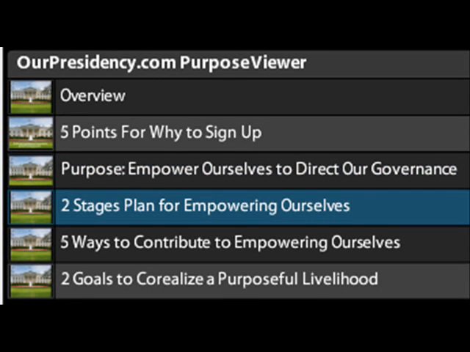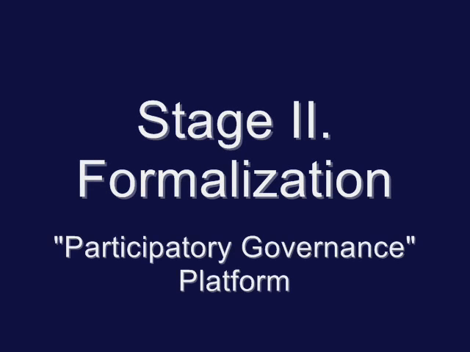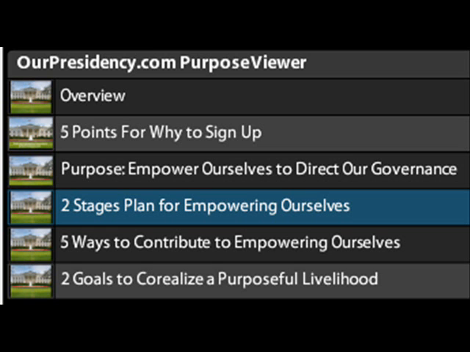The third program, after overview, begins to explain the plan that we have for empowering ourselves. Here we list that there are 2 stages. The second stage will be actually the formalization of our Presidency.com as the platform for participatory governance.